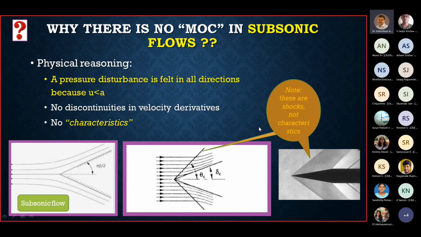And that is because the pressure disturbance is not felt upstream, a concept that we are quite familiar with from compressible flow observations. That is, in supersonic and hypersonic flows, when Mach number is higher than 1, pressure disturbances cannot travel upstream because the flow itself is moving at a higher velocity than the pressure disturbance. So due to that, you cannot have discontinuities in velocity derivatives upstream.